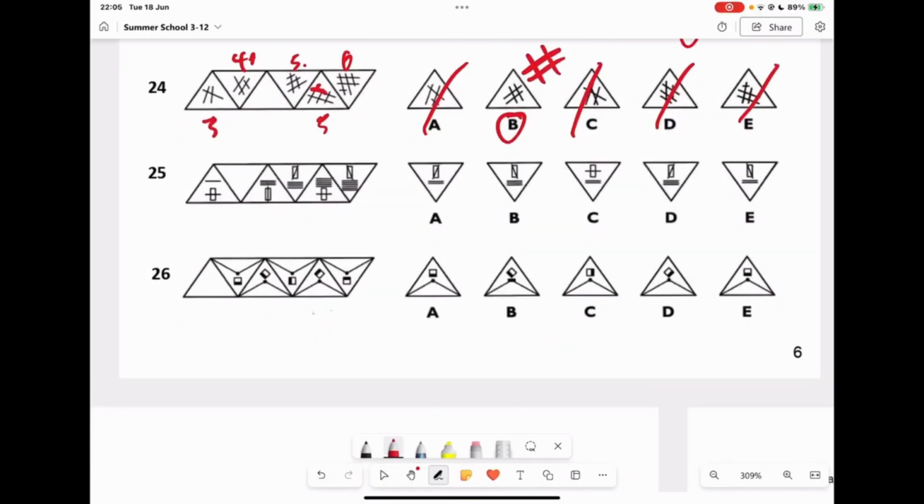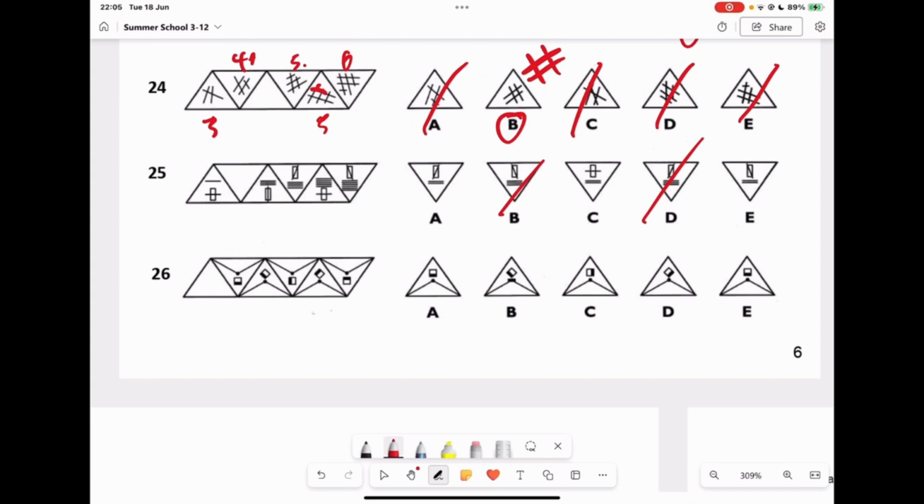25. We can see that there will be a rectangle at the top, which is the case in all of our questions. But then there will also be 2 lines. Because there are 2 lines, it cannot be B or D. And then we're also looking at the orientation or the direction of the line going through the rectangle.